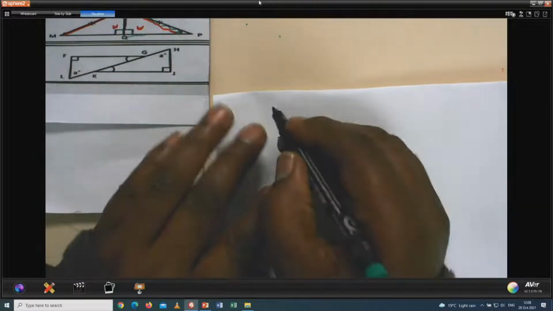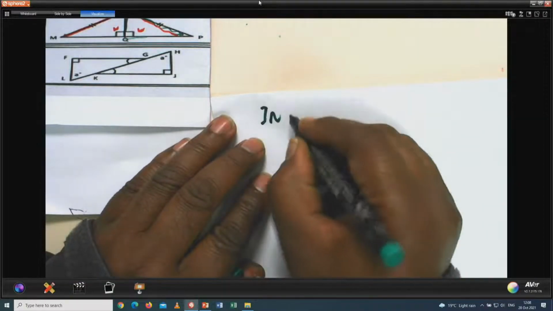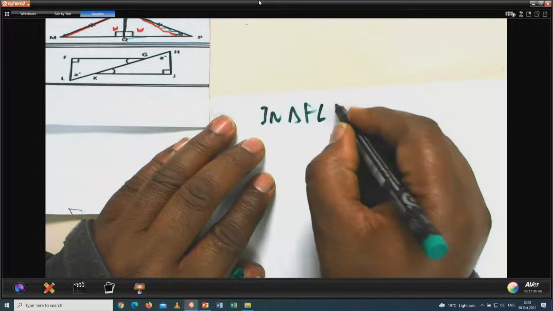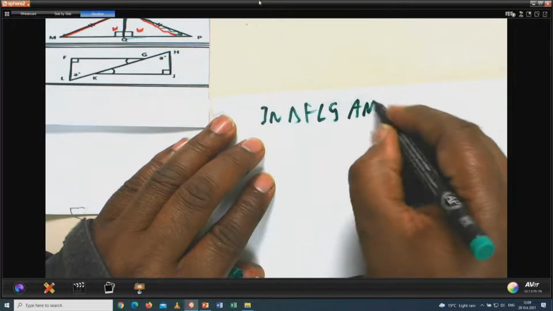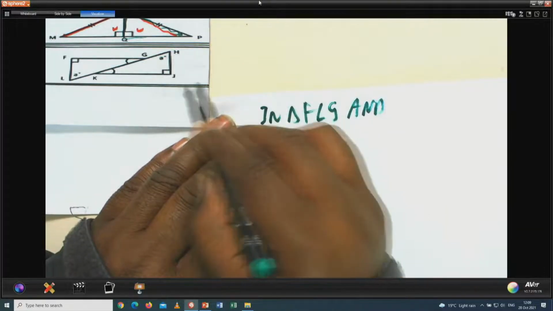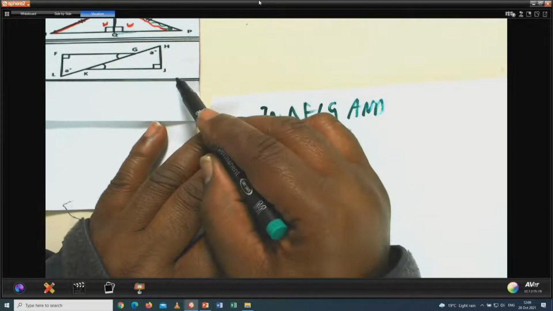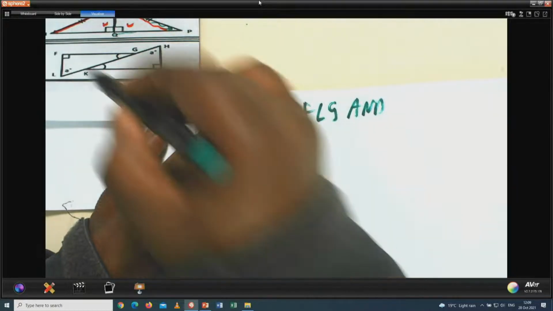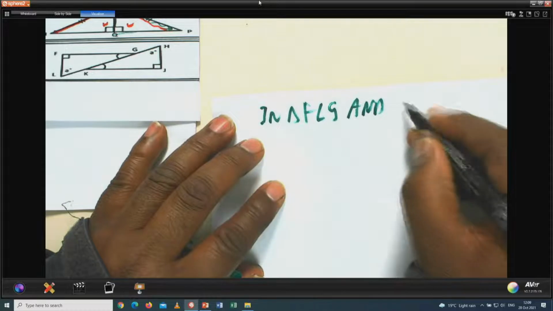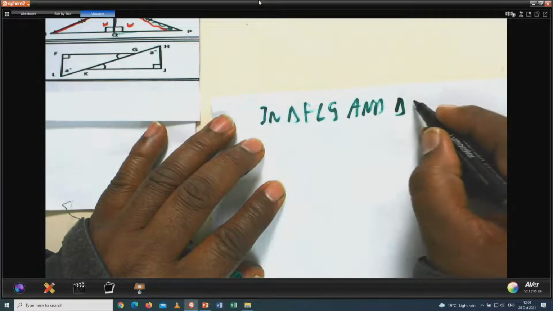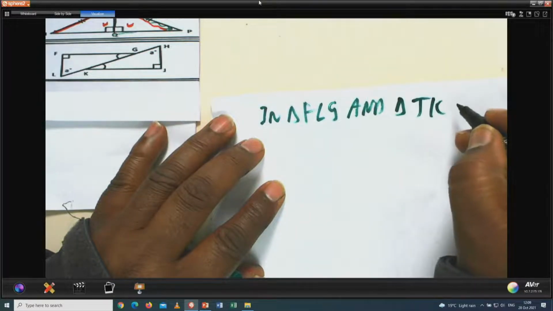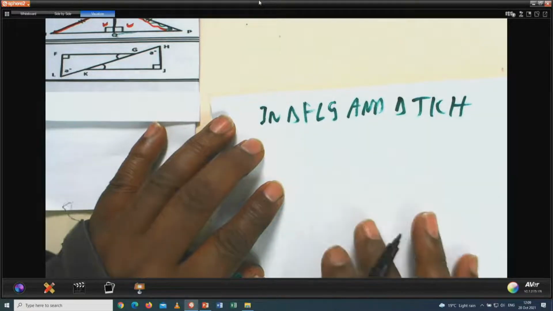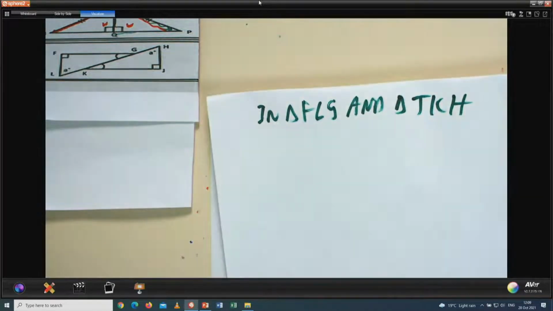In triangle FLG and triangle JKH, let's see what we have.